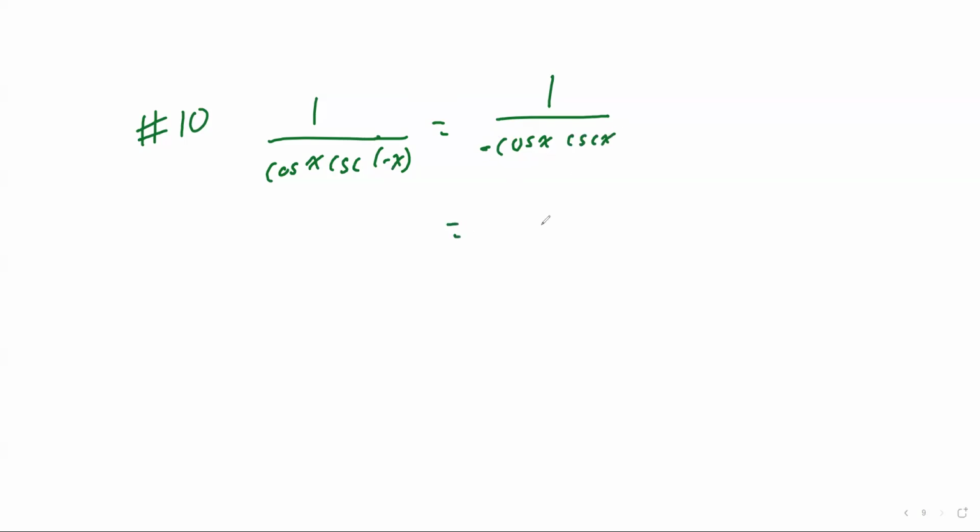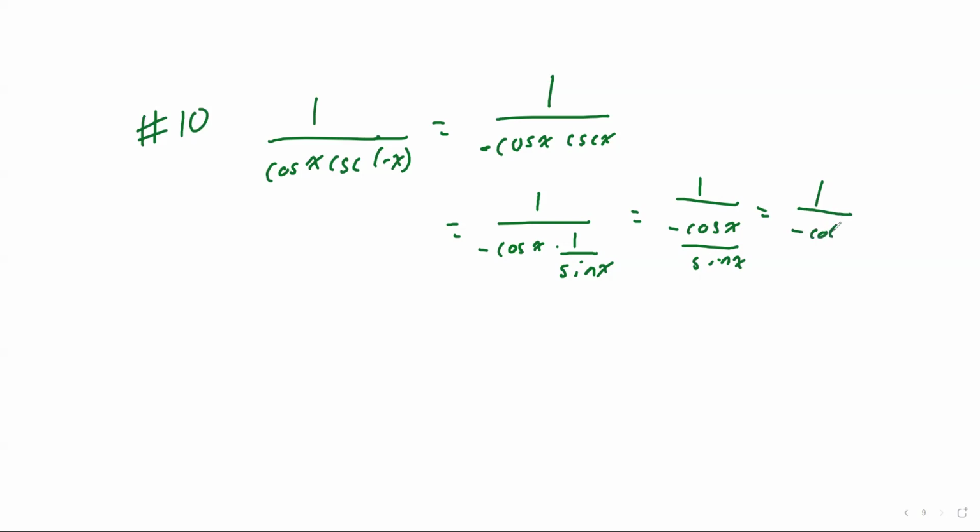Now let's turn these into sines and cosines and see where we can go with this. So this is now negative cosine x times 1 over sine x. When I do that, I see that this is negative cosine x over sine x, and I see that this is now just negative cotangent x.